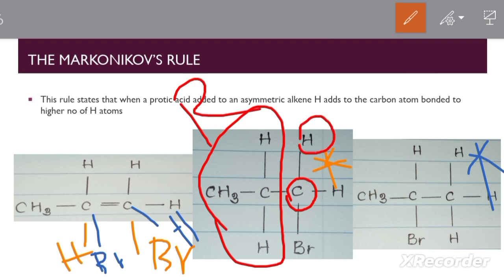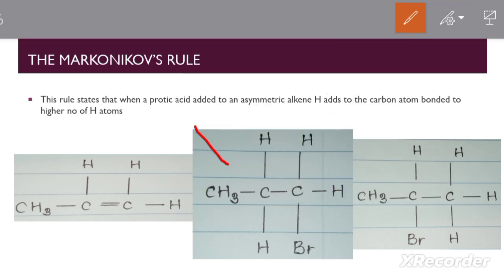Here is a hydrogen atom and here is a hydrogen atom. The bromine should be removed from the mind because this is a cation. Now two hydrogens and one R group. So what is this? This is a primary carbocation. So now remember this is a primary carbocation.